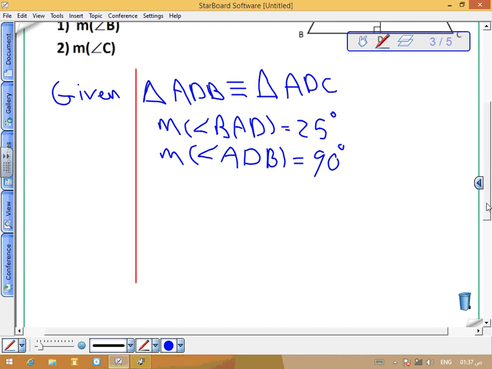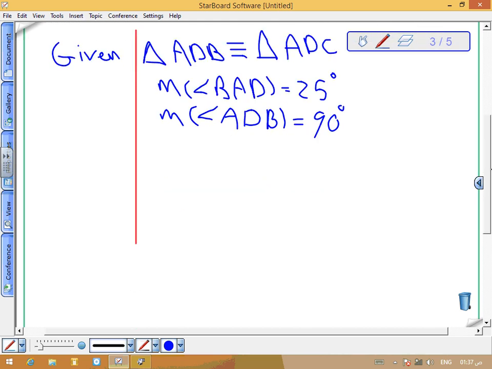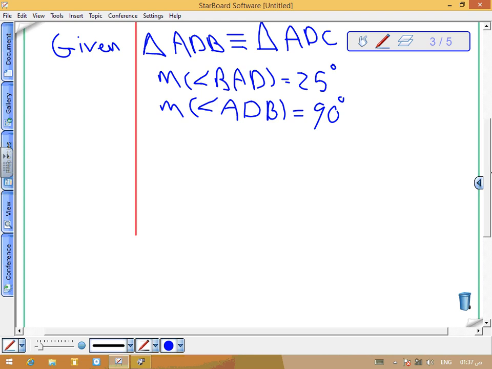Number 2, write the RTF. RTF is the question in the problem.